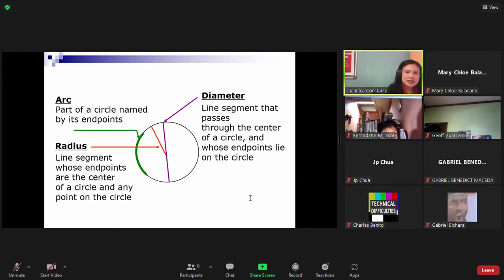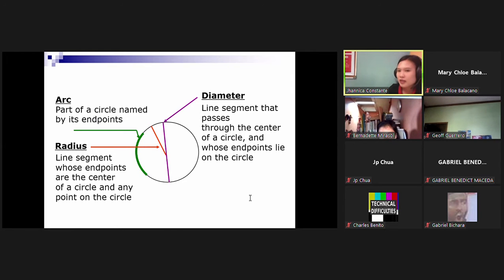A diameter is a line segment that passes through the center of a circle and whose endpoints lie on the circle. It is a special type of chord, and the diameter is the longest chord that you can have in a circle.